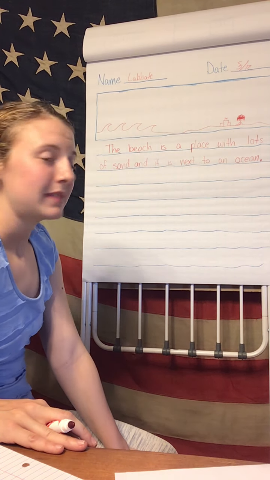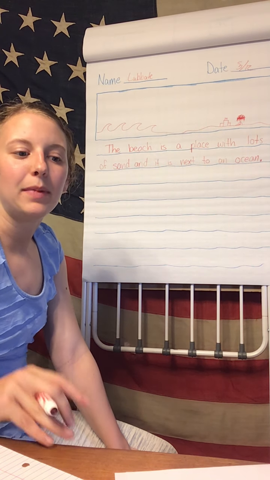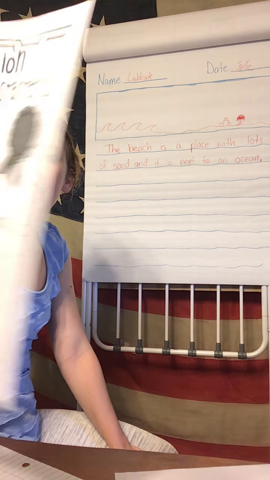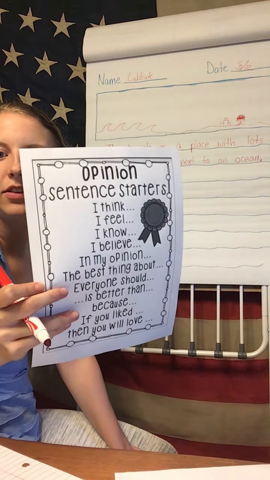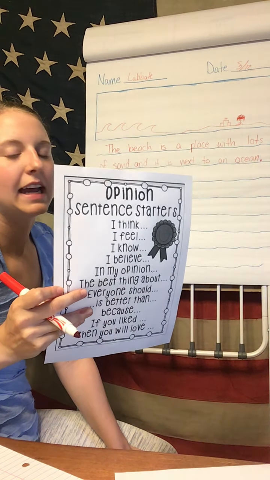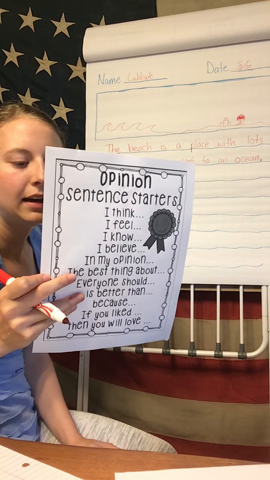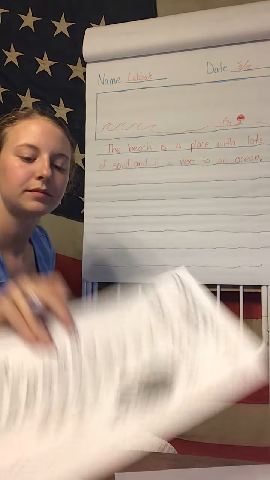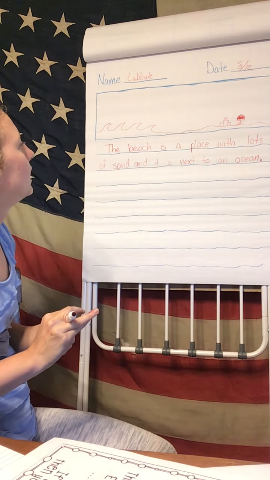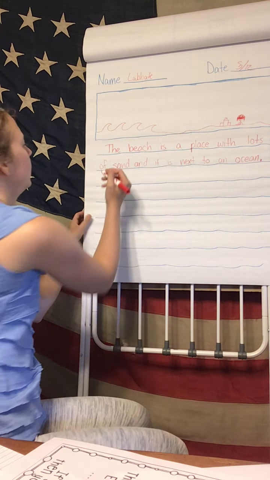All right. Now I can give my opinion and I can go back. I can think about my opinion starters. How can I start my opinion? Do I want to say I think, I feel, I know, I believe, in my opinion? So I think I'm going to say I think.